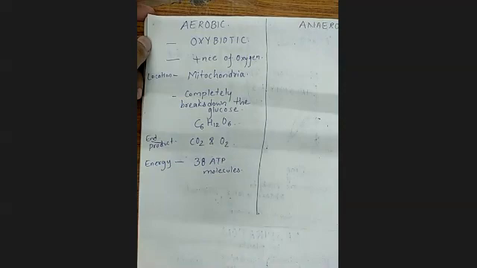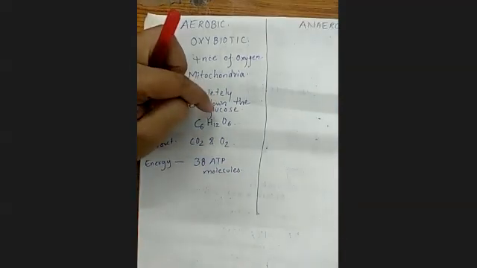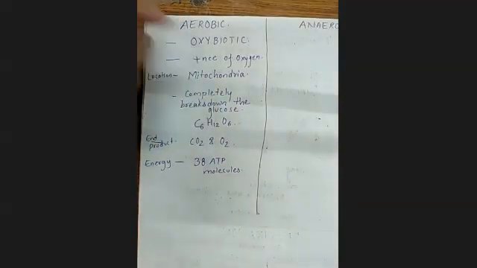This huge quantity of energy is obtained when one glucose is utilized. Can you understand how much amount of energy you are obtaining from one glucose? It is 38 ATP molecules. It's a very big number.